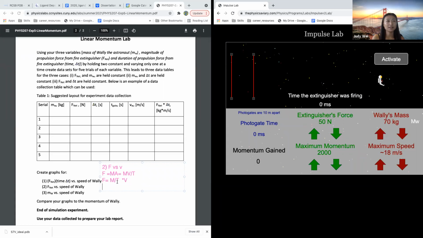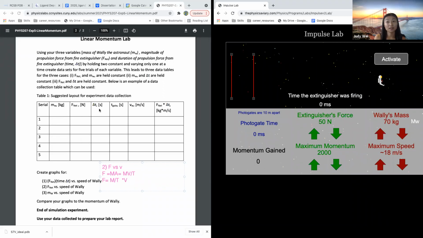So this is for the second part, and the third part is when we keep the extinguisher's force and the delta T constant and change the cart's mass. So basically the mass will be different. The extinguisher's force will be constant.